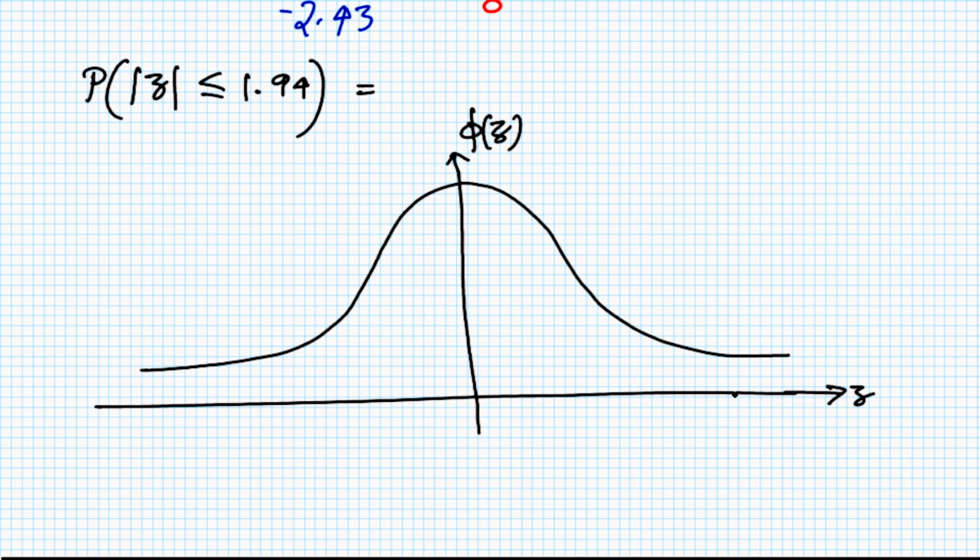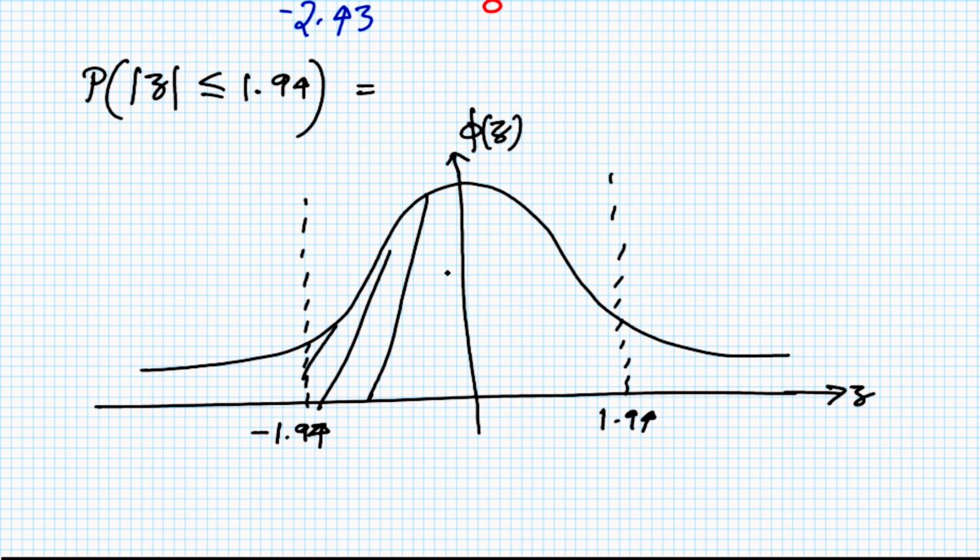Mod of z less than or equal to a means it is minus a to plus a. So that means the question now becomes very simple. Those who understood the meaning of magnitude, what is the probability that z is between minus 1.94 to plus 1.94?